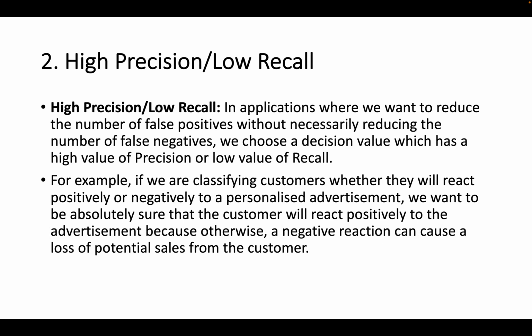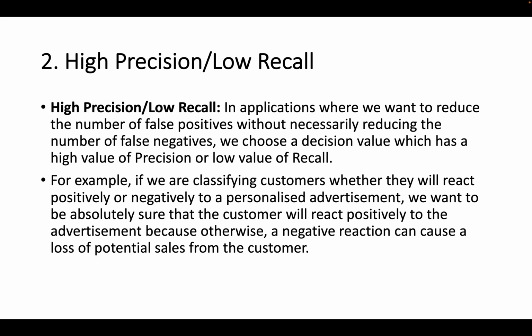High precision, low recall, in applications where we want to reduce the number of false positives. What are false positives? False alarms, without necessarily reducing the number of false negatives. Here we are doing the opposite.